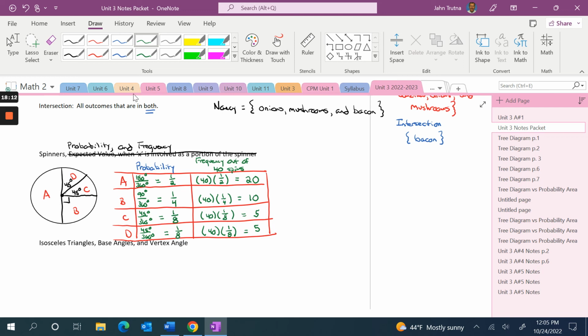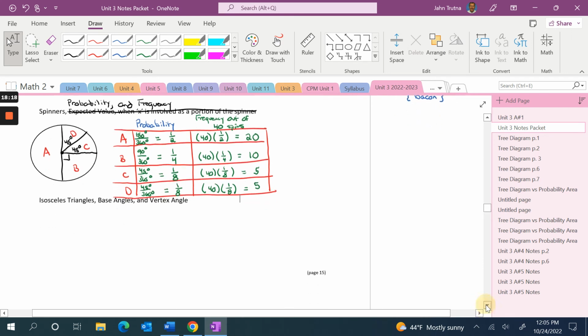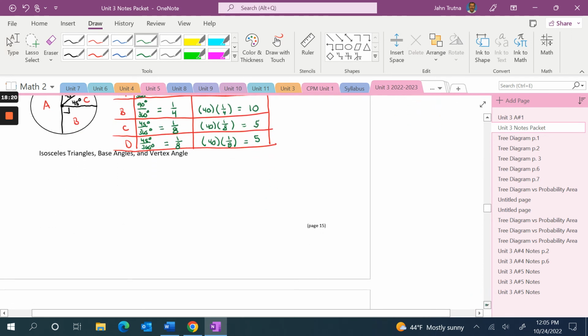Okay? Last section. Isosceles triangles, base angles, and vertex angles. So a couple of things about this. First of all, remember an isosceles triangle is defined as a triangle with two equal sides.